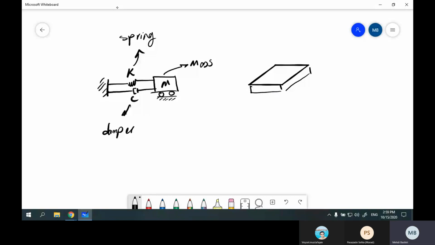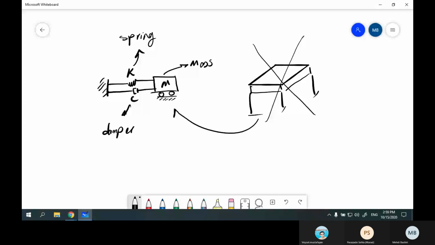K, or springs, represents, for example, columns and walls. Dampers represent the systems inside the building that can absorb energy. And because this system is complicated, we neglect this one and we consider this.